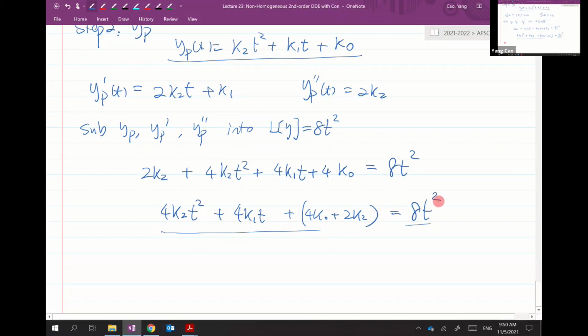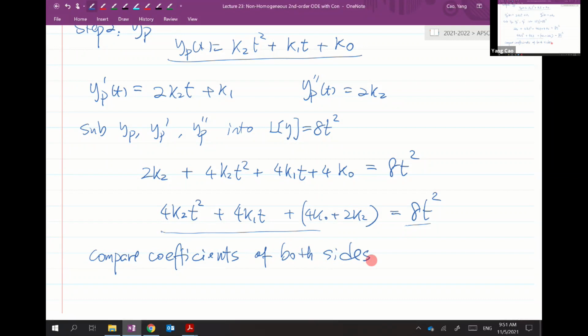So the next step is called compare coefficients of both sides. When you want one polynomial to be the same as the other polynomial, which are of the same order, then the coefficients of the two polynomials need to be exactly the same.